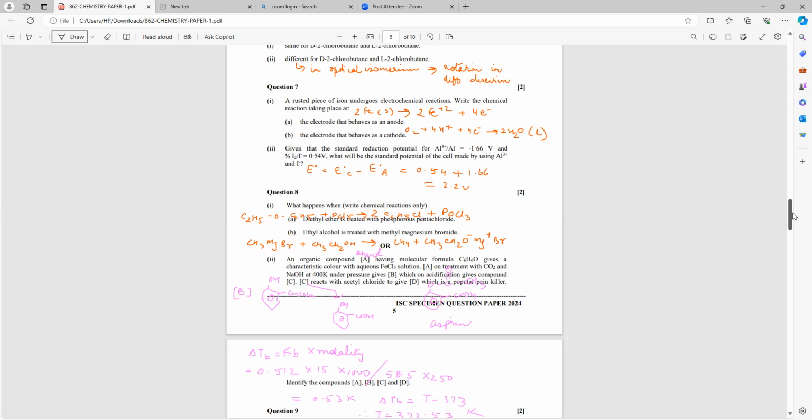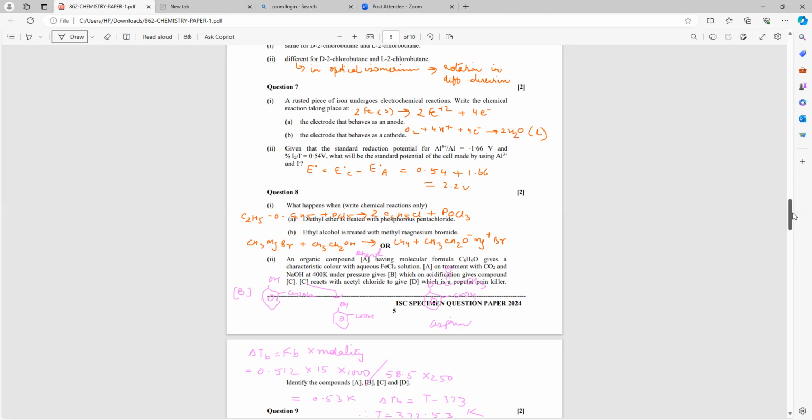Question number 8, what happens when, write chemical equations only. So if the equations are there, you can see. The third part, an organic compound A having the molecular formula gives a characteristic color with aqueous FeCl3 solution. On treatment with carbon dioxide and NaOH at 400 Kelvin under pressure it gives B, which on acidification gives a compound C. C reacts with acetyl chloride to give D, which is a popular painkiller.